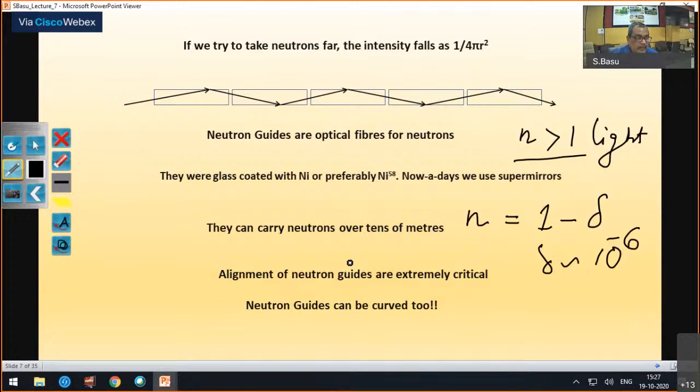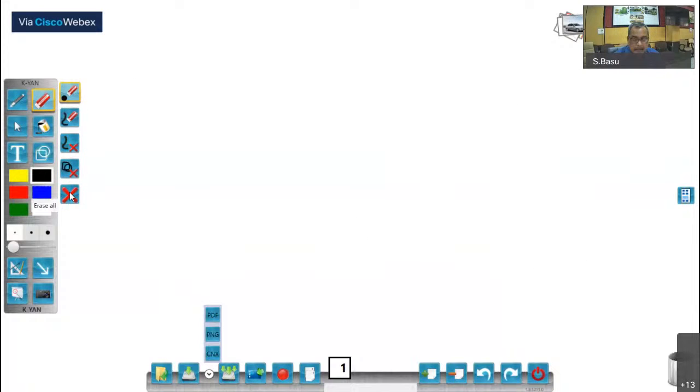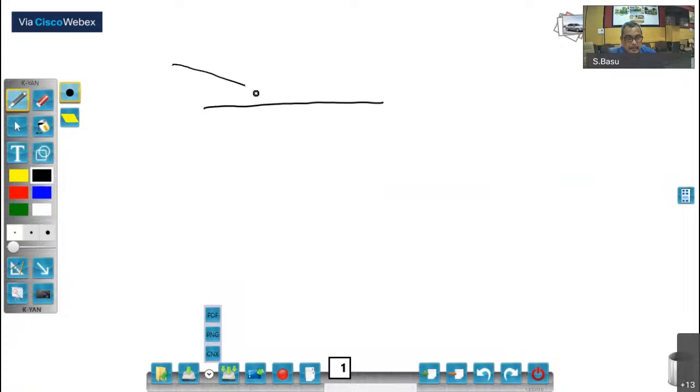So what happens is something similar to this. In case of neutrons, if this is a very, very smooth surface, if it comes at a low angle, I'll tell you how low it is, this neutron gets completely reflected.